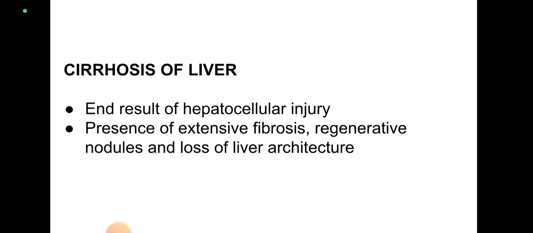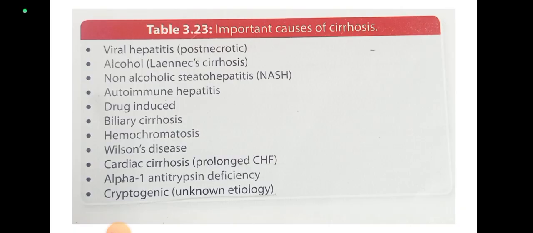Cirrhosis of liver. It is the end result of hepatocellular injury, characterized by the presence of extensive fibrosis, regenerative nodules, and loss of liver architecture. Two of the most common causes of cirrhosis are viral hepatitis, especially B, D, and C, and prolonged excessive use of alcohol.